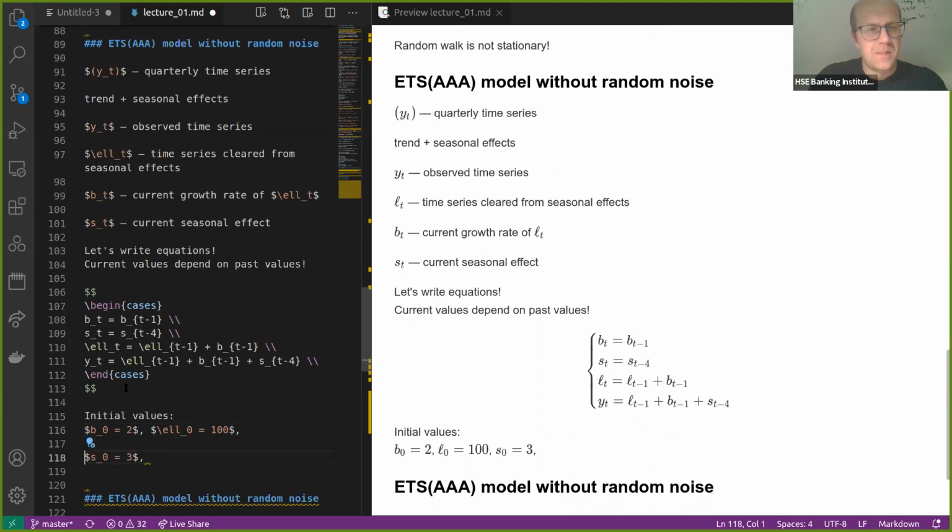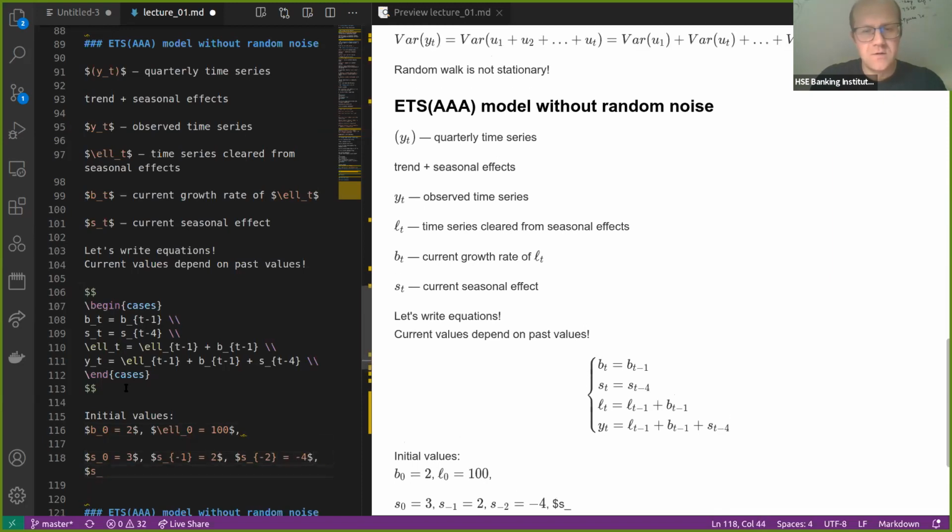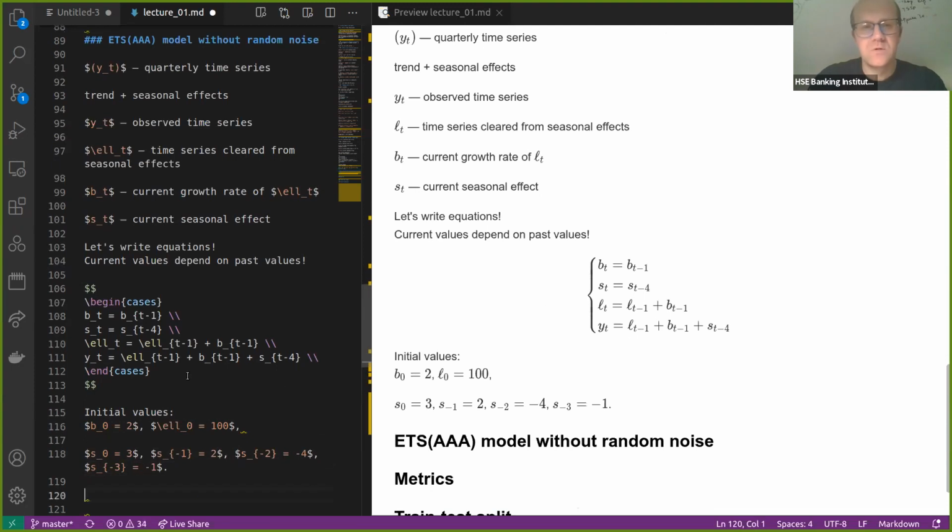S minus 1 is 2, S minus 2 is minus 4, and S minus 3 is minus 1. So I have initial values.